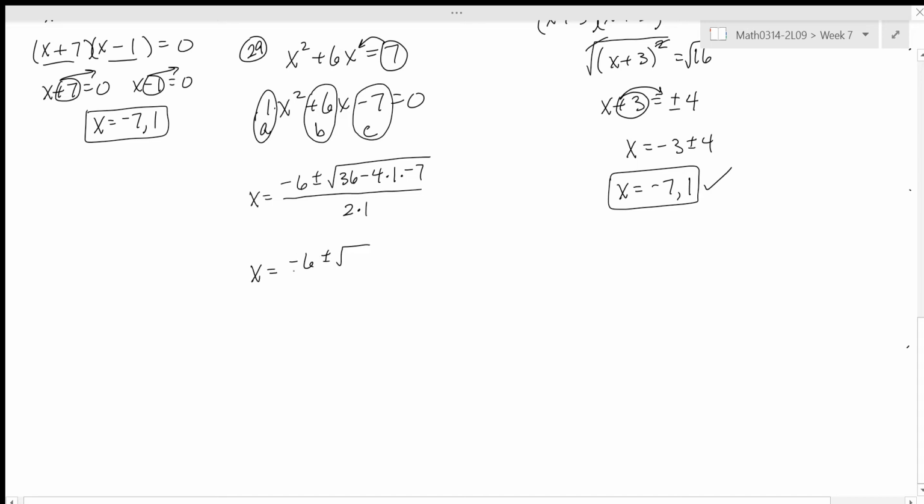And now I'm going to need some calculator assistance. Can somebody calculate the number under the square root for me? I want to know what is 36 minus 4 times 1 times negative 7.